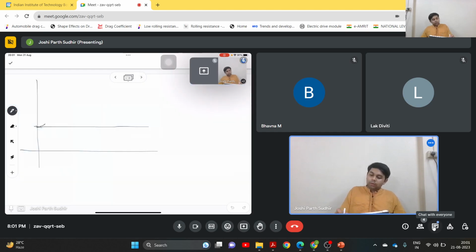So if we plot the curve for transmissibility ratio, it will be of somewhat a nature like this.